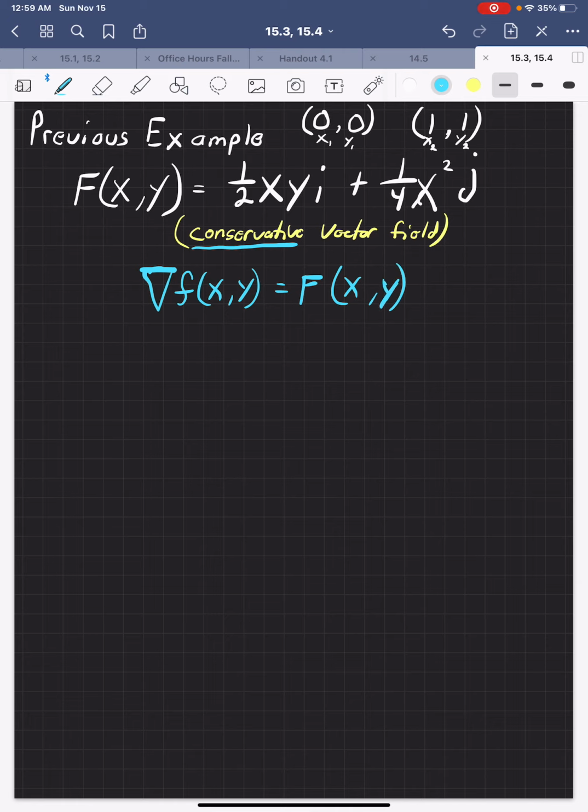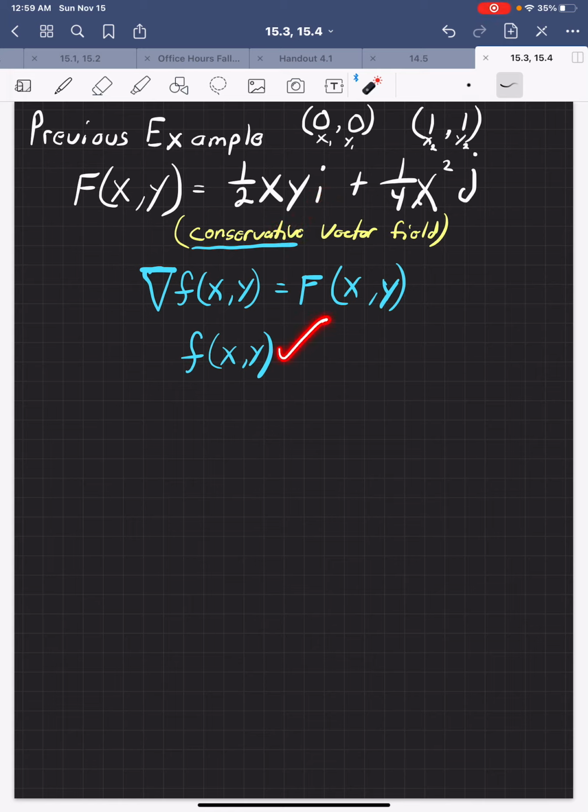Now, we spent time in 15.1, I believe it was, going through how you would figure out what that potential function would be. You just know that if it is a conservative vector field, we are guaranteed to have one.